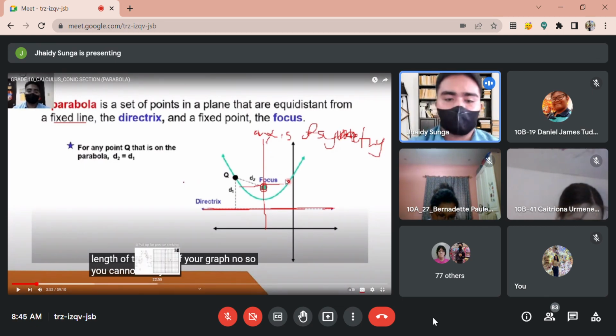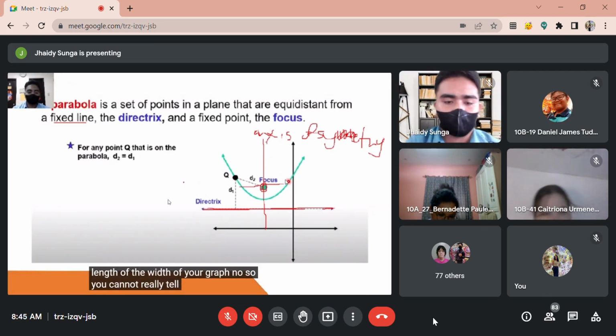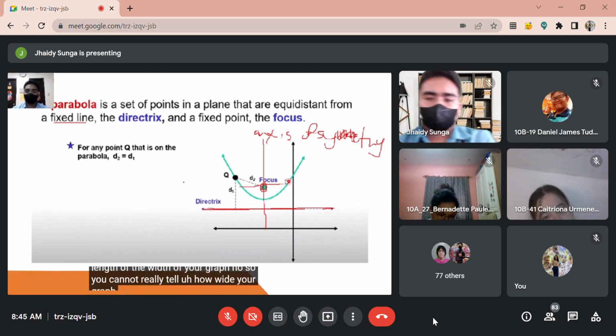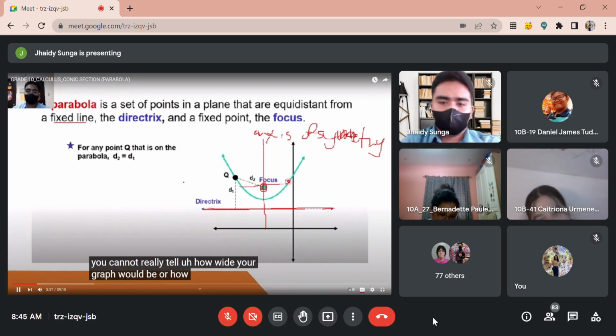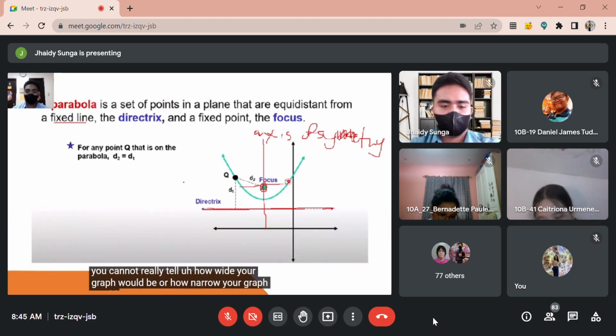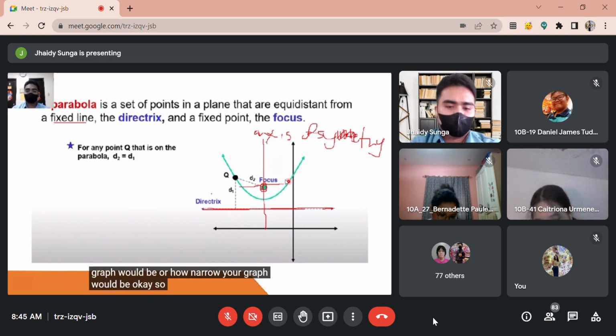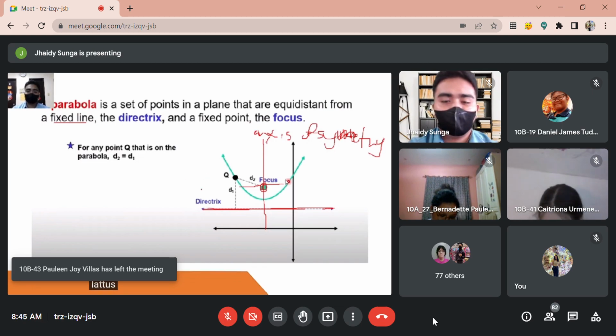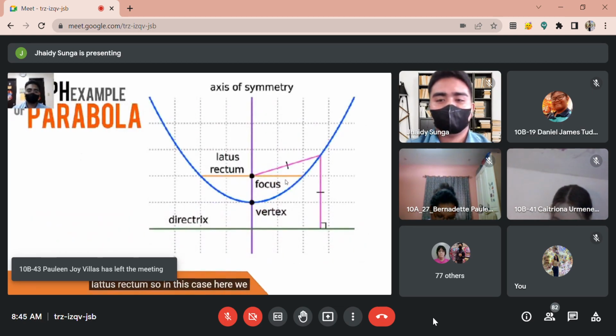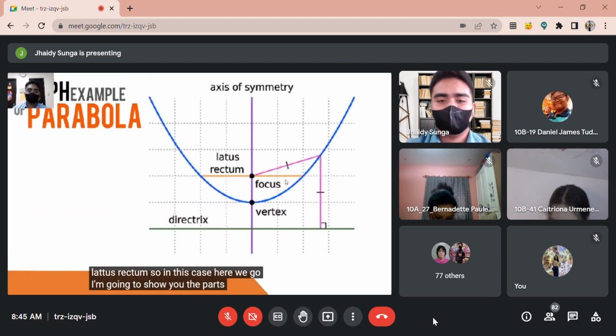It determines how wide your graph would be or how narrow your graph would be. Okay, so in this case, I'm going to show you the parts of a parabola.